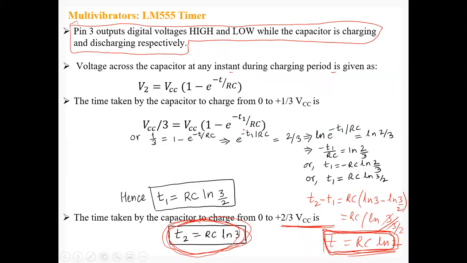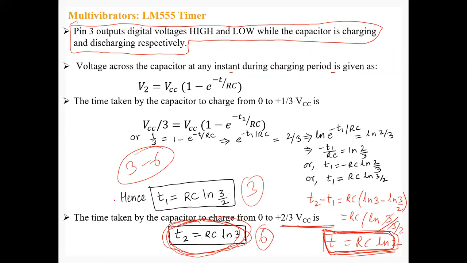That's why to find the discharging time, you have to subtract. Sorry, charging is between 3 and 6. That's why our charging time is T2 minus T1. T2 is for the voltage to reach 6. T1 is for the voltage to reach 3.